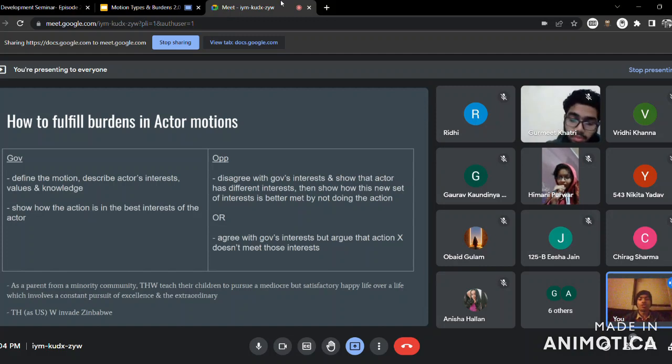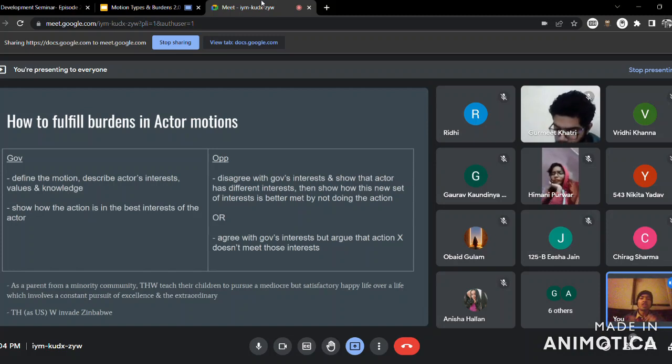That if the judge thinks that the gov side was more persuasive in telling that the parents' priorities are these and not those, then the further arguments would be judged based on these priorities and not those priorities. So this becomes an important clash in those cases.